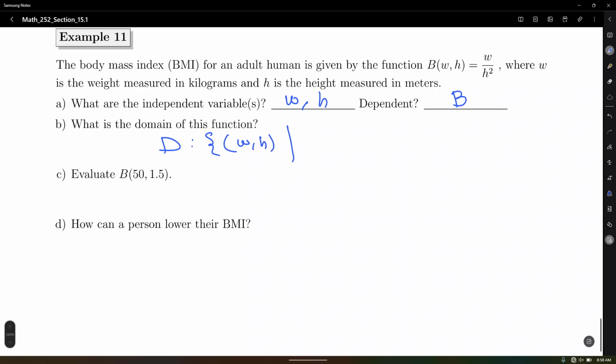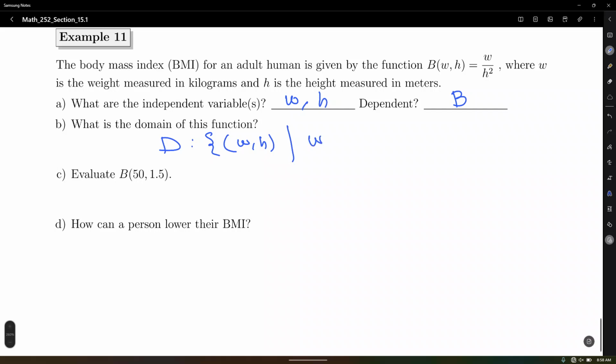Can w be a real number? Algebraically, it can be a real number because that w is not inside of a radical or as the argument of a logarithm or the argument of an inverse trig function. So no restrictions. But in this case, the context of the situation is going to give us restrictions. So what would be the actual domain of w? Greater than 0.